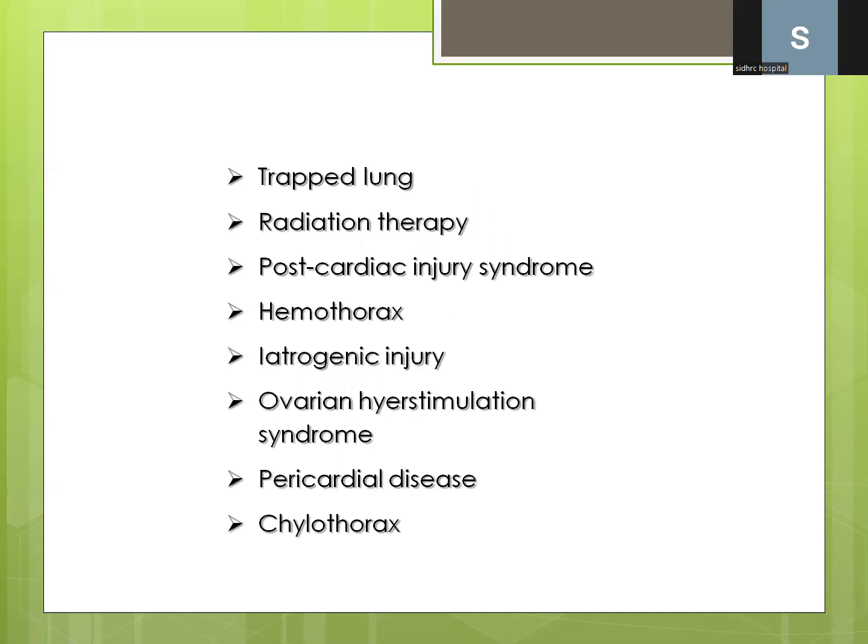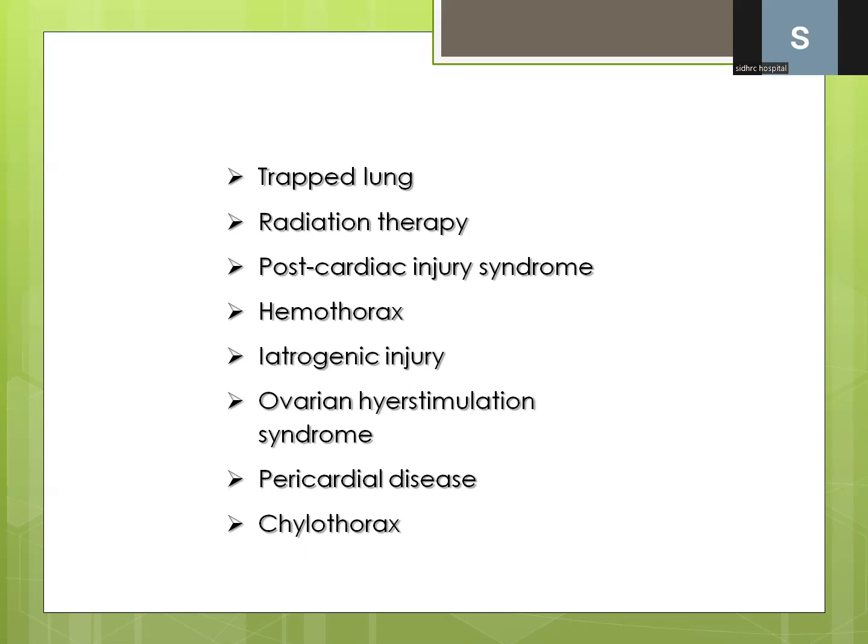Trapped lung due to any cause like collapsed lung, endobronchial collapse, endobronchial mass, endobronchial TB may cause trapped lung and pleural effusion, passive pleural effusion. And adhesions in the pleura may also cause trapped lung, therefore pleural effusion. And post-radiation, the patient presents with effusion.